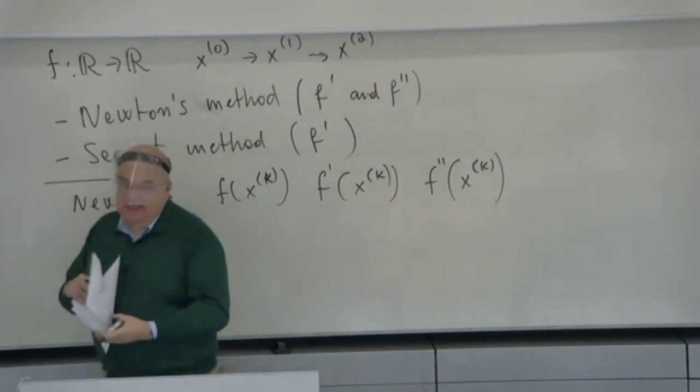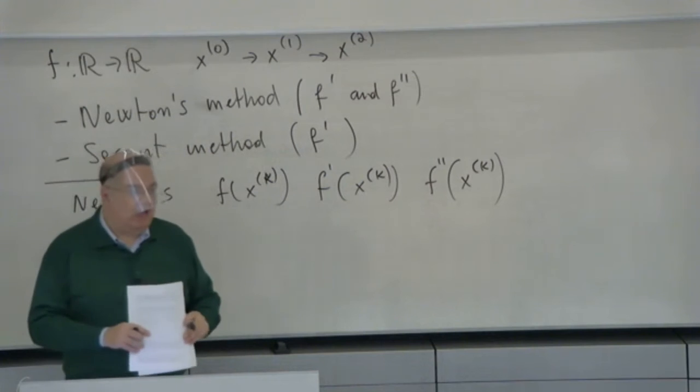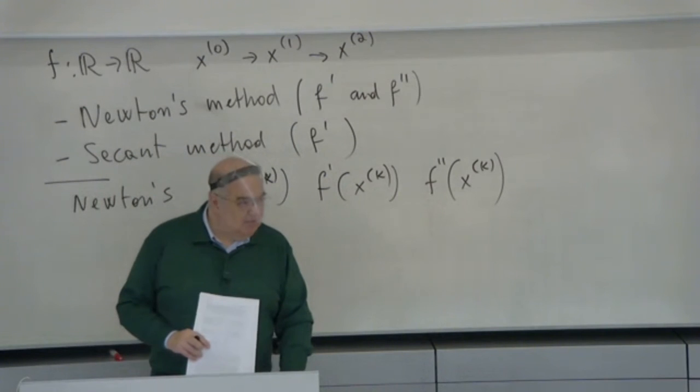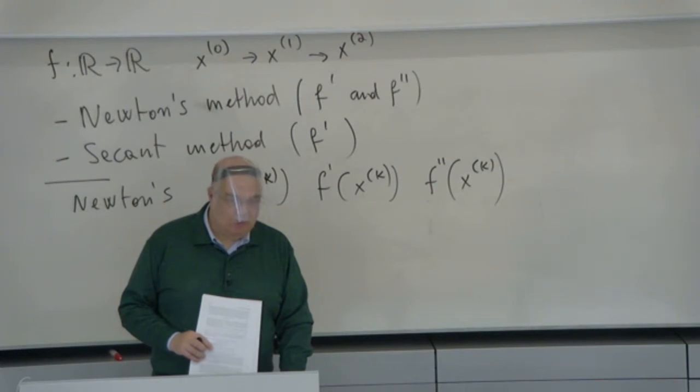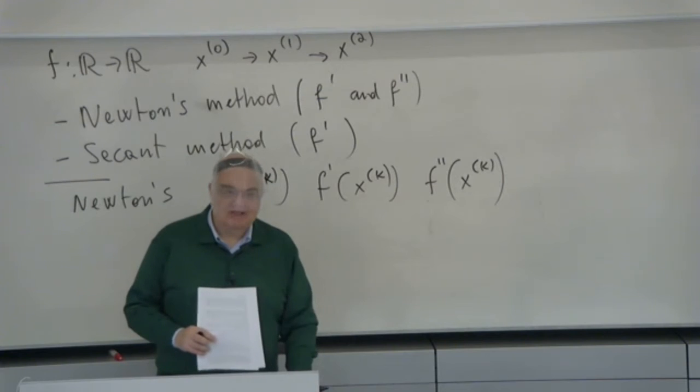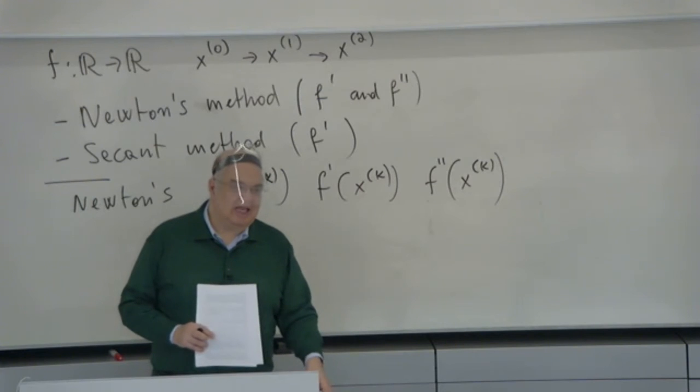And the idea is quite obvious. Again, we use Taylor expansion. Did I tell you that Taylor was one of Newton's pupils? Actually, when you say Taylor expansion, Brook Taylor was probably the most gifted of Newton's pupils.